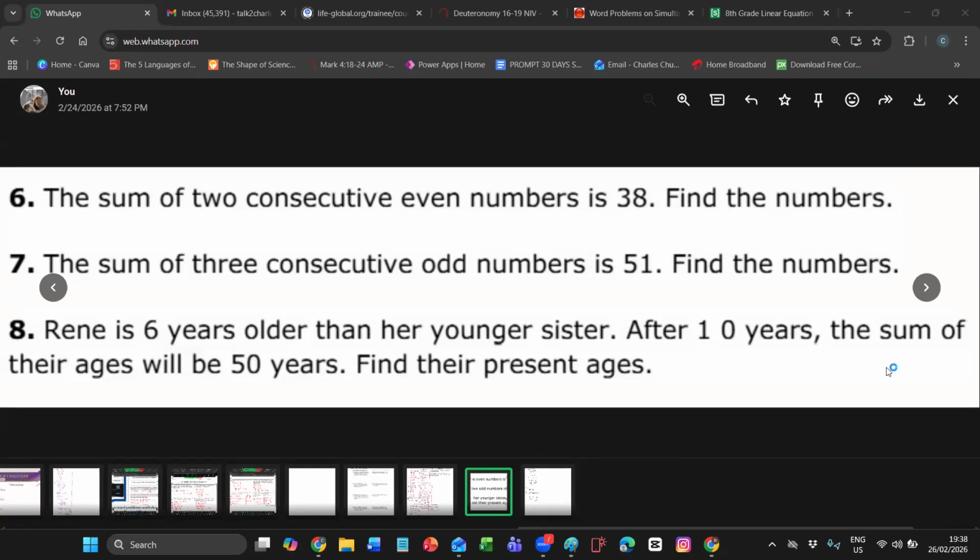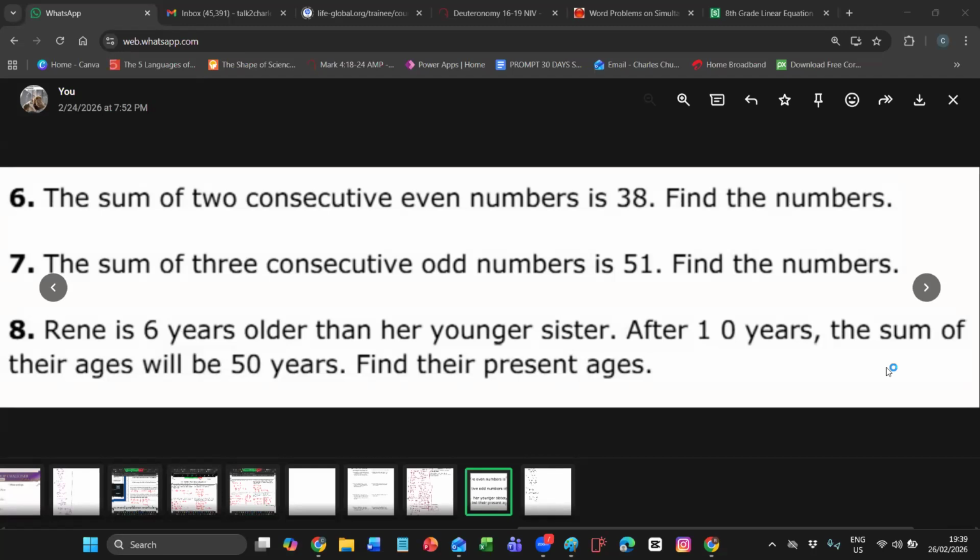Yes, sir. Okay. So her younger sister is x years old. She is x plus 6 years old. Okay, go ahead. So for the youngest, I just added Renee's age, I just said x plus 6 plus 10, which is x plus 16.